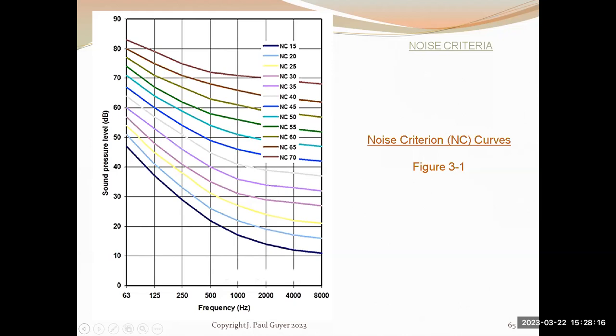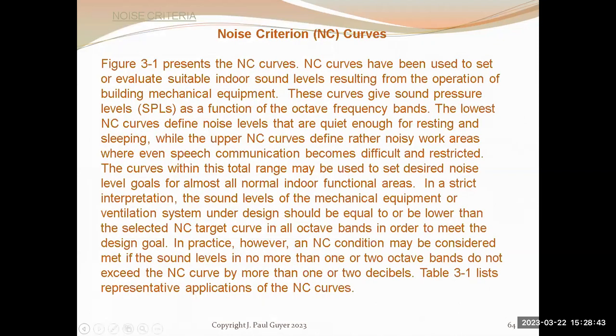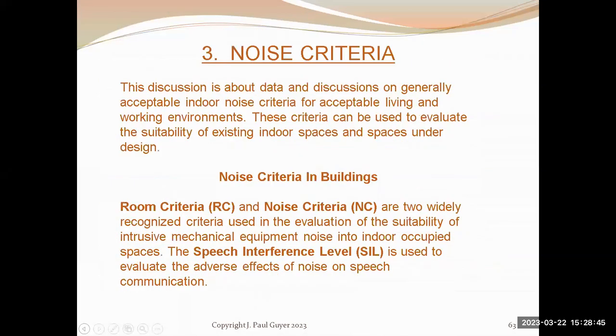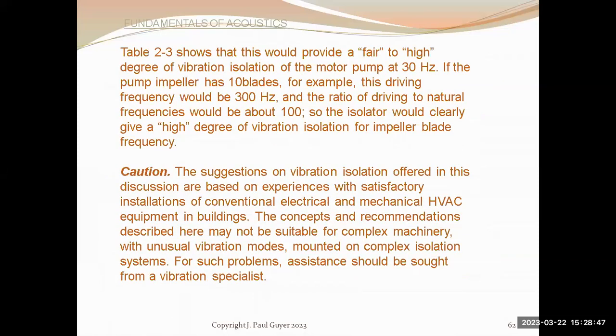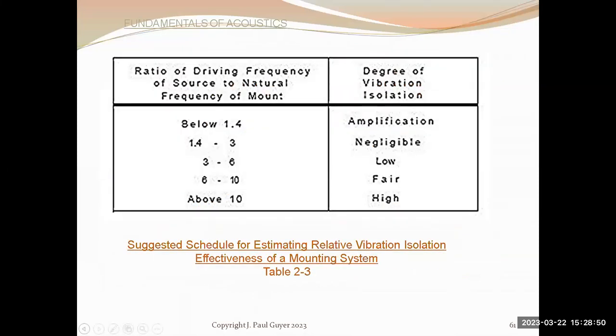So these NC curves 15 through 70, they relate to the human activity that's going on in the receiving room. And here is, whoops, I've been going backwards here.